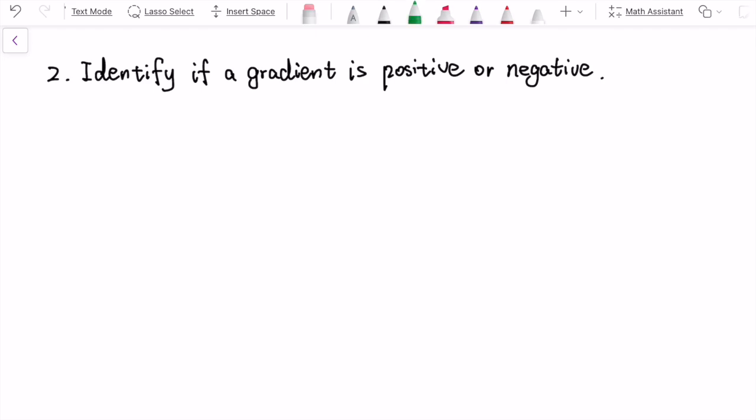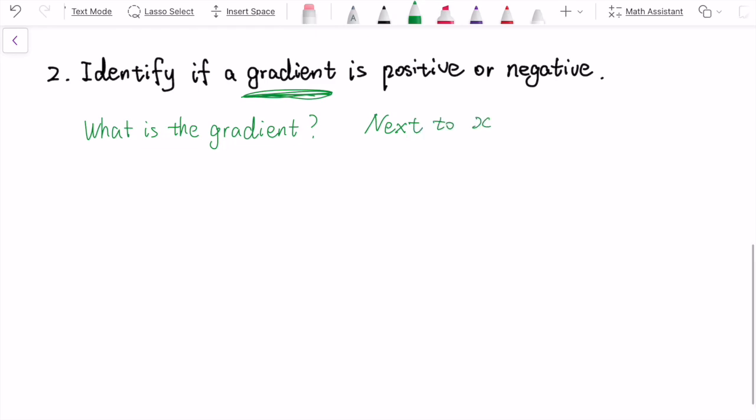So the first question is, we need to find out what the gradient is. So the gradient is always next to the x.